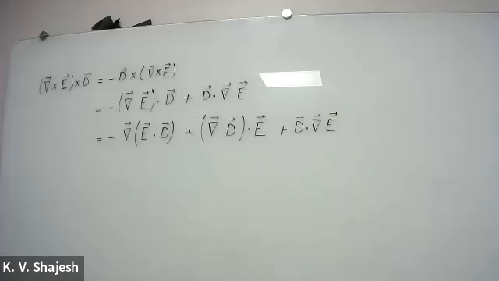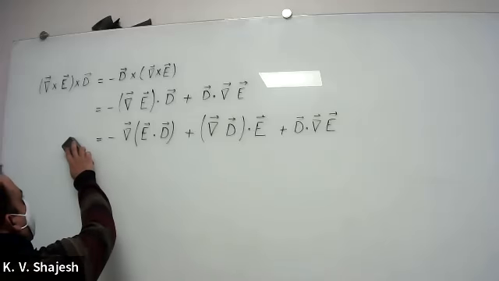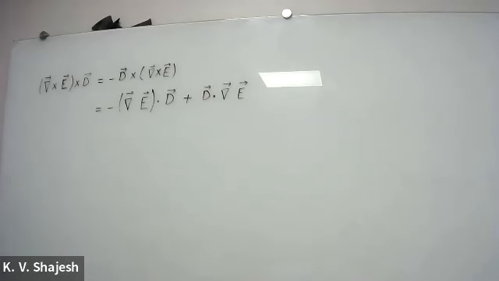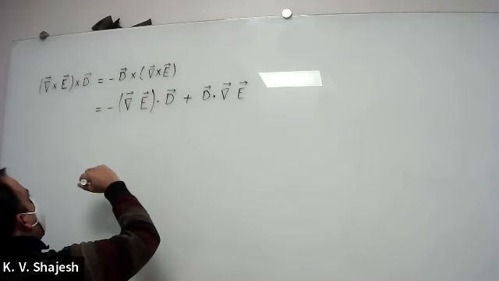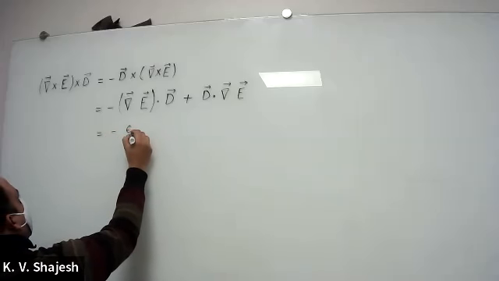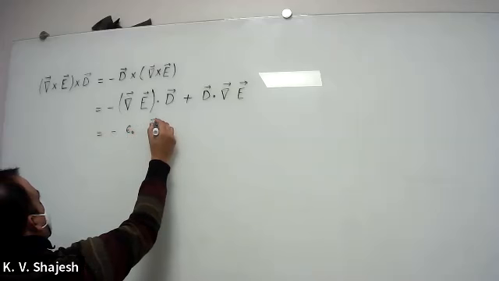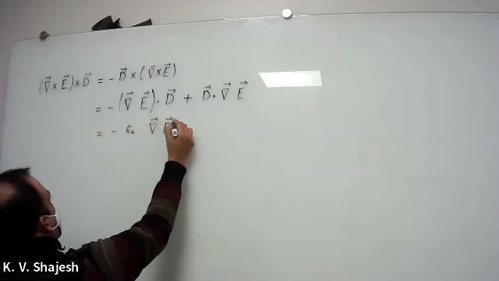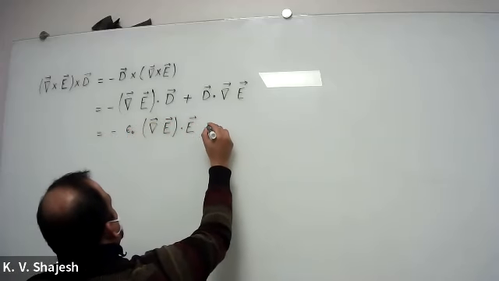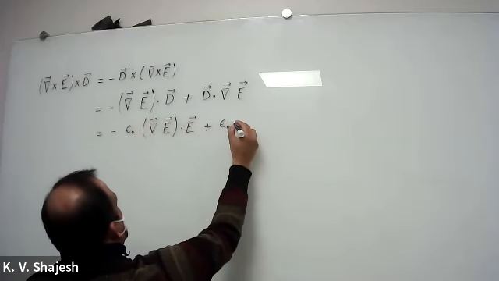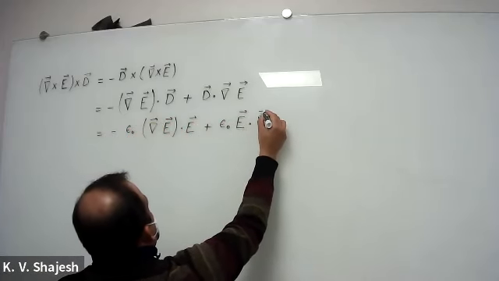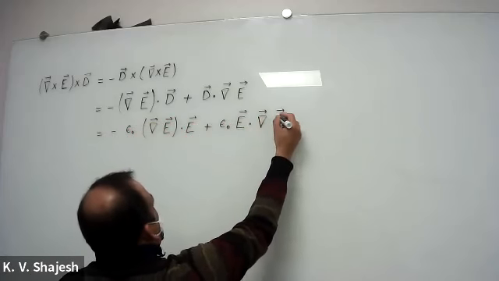Let me do this in a slightly different way. Okay, maybe make it easier. Make it simpler. D is epsilon naught E, right? So this is equal to minus epsilon naught times E plus epsilon naught times E. There's nothing wrong with that.